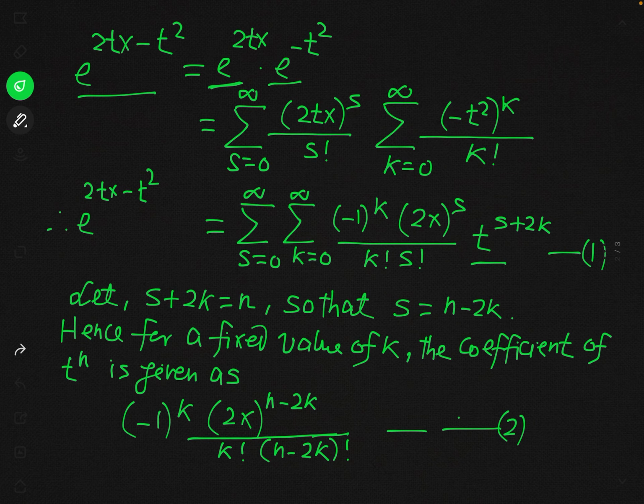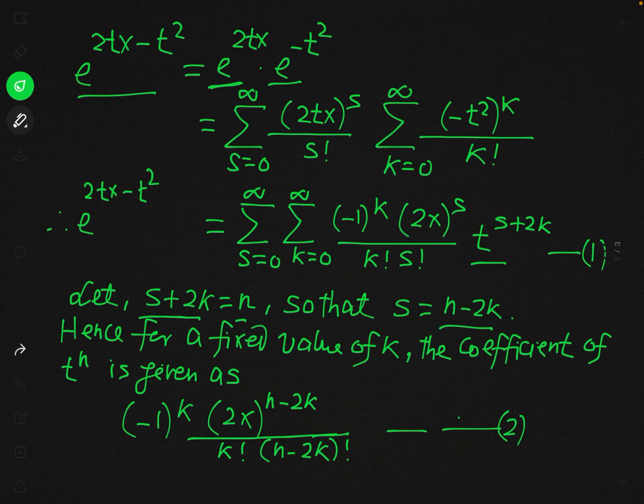You can see easily from the above expression. Now let us consider that s plus 2k is equal to n. And if you consider that s plus 2k is n, you can see that s will be written as n minus 2k.